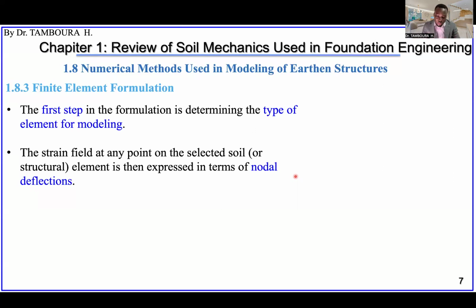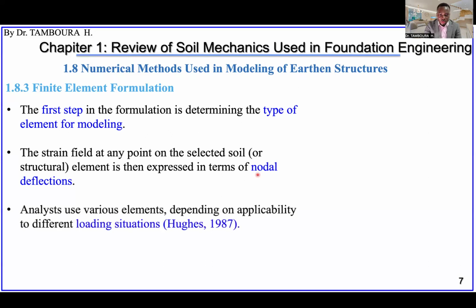So you divide your study area, your domain, into small pieces, and what you need to do is study the deflection of each node. I'll show you some examples now.